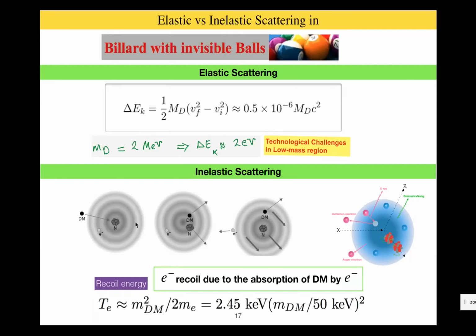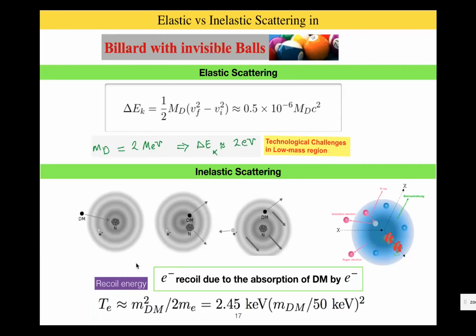And you can see here it cannot produce much recoil. For example, for a mass around 2 mega electron volts, you get just 2 electron volts of recoil, and there are many technical difficulties in detecting such a recoil.